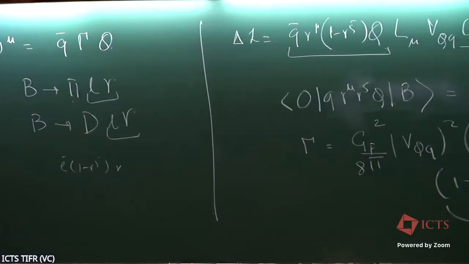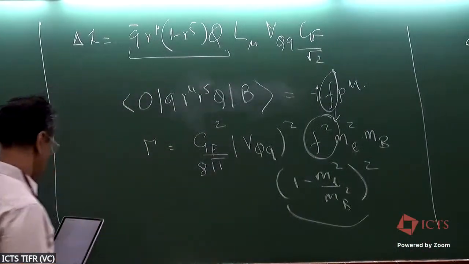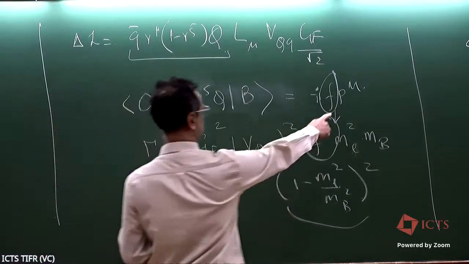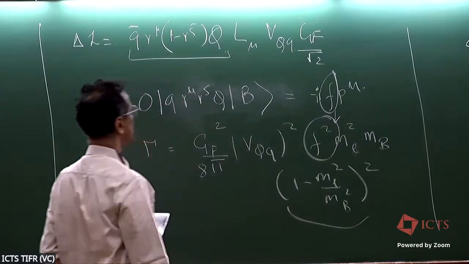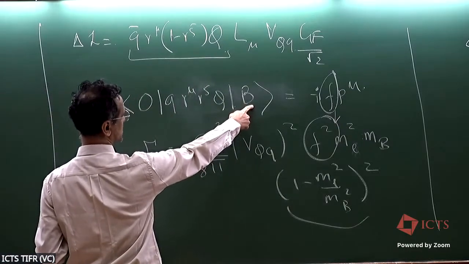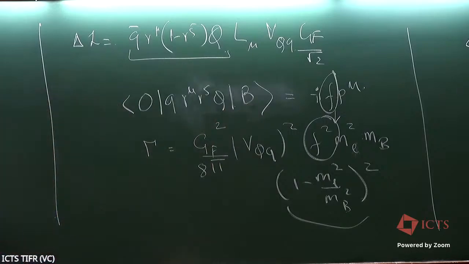If I look at this matrix element here, so clearly it's going as P mu. And now I know that the velocity of this B is the same as the velocity of Q up to some small lambda QCD corrections.